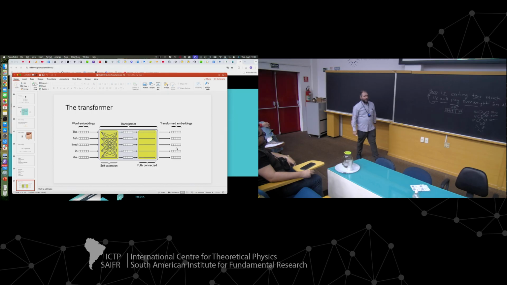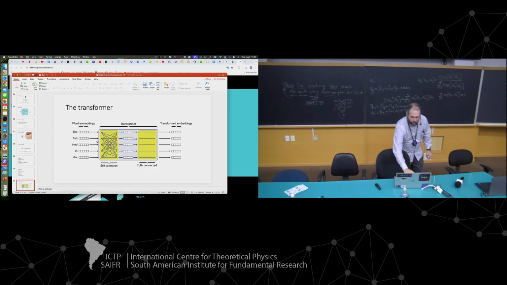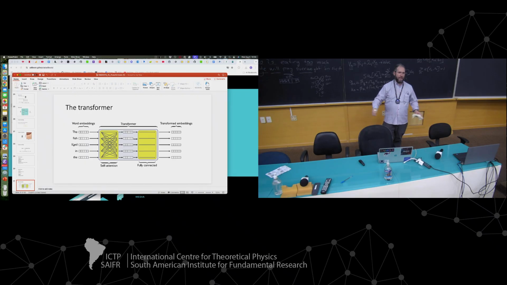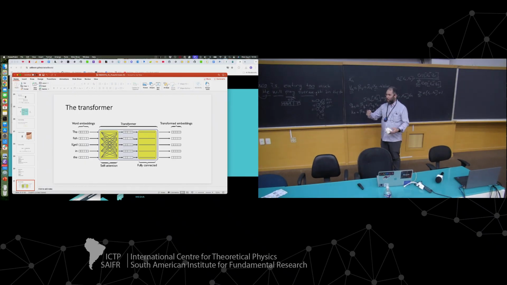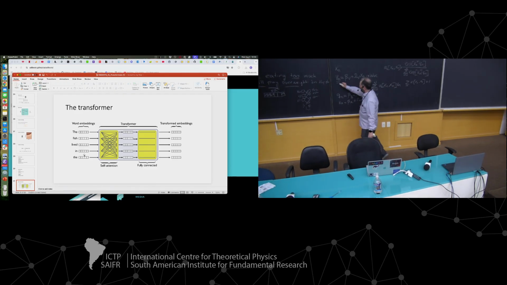So what you have is basically your words. And again, this could be pixels in an image. This could be nodes in a graph. Could be anything. So you have, let's say, words. You initially have some embeddings, some mathematical representation. For each of these words, you will compute the value, the key, the query.